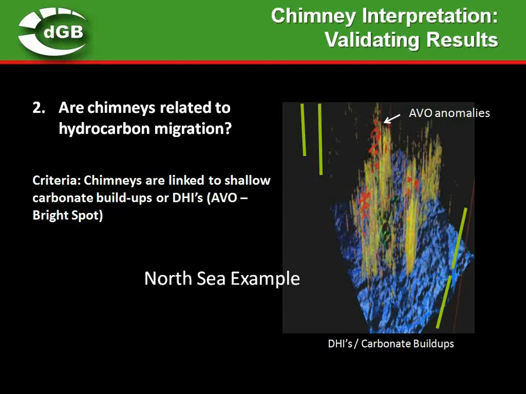When we have fluid migration, we may see these pockmarks, but we won't see the shallow anomalies or the chemosynthetic buildups related to features, biologic communities feeding on the hydrocarbons. So again, these DHIs are very useful, even in areas where the deeper section may not have valid AVO.